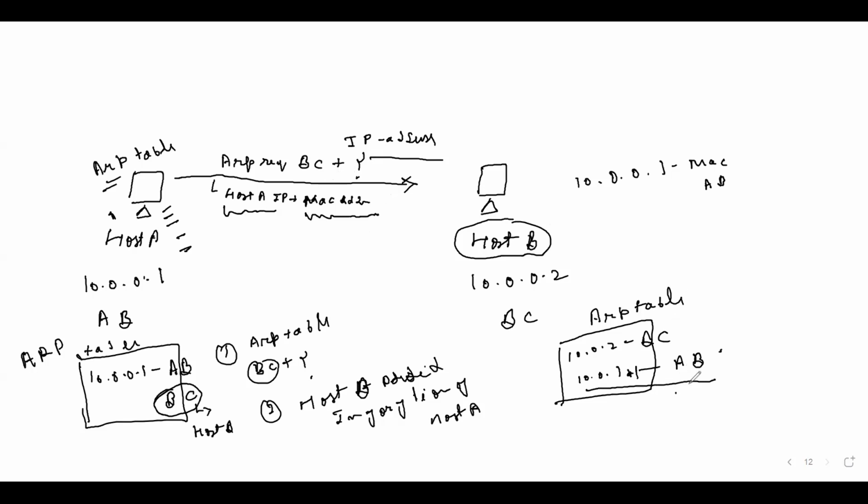Then he got, okay, it is for me, so host B will send a reply: this is my IP address and this is my MAC address. Then host A got the IP address of this one, so it's added in the ARP table. Like this, ARP works.